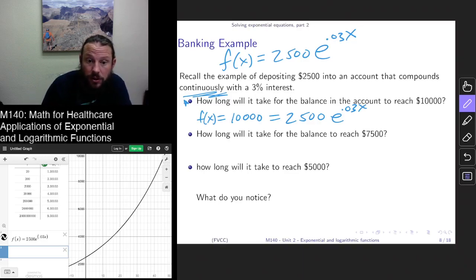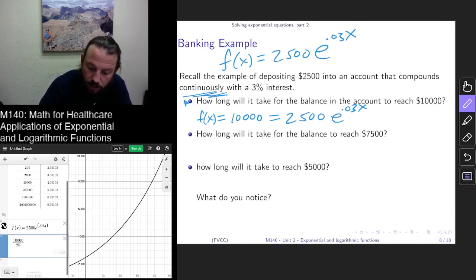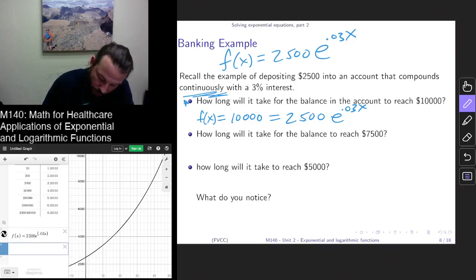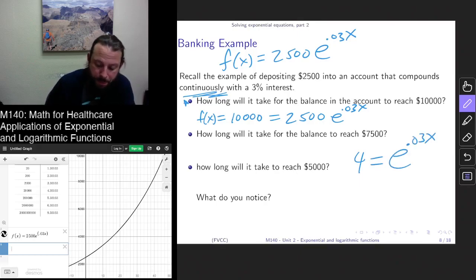All right. Well, we saw we could do a little work down here, and we know we could divide both sides by 2,500. We'll check that again, that is 4. Okay. So we get 4 equal to e to the 0.03x, right?